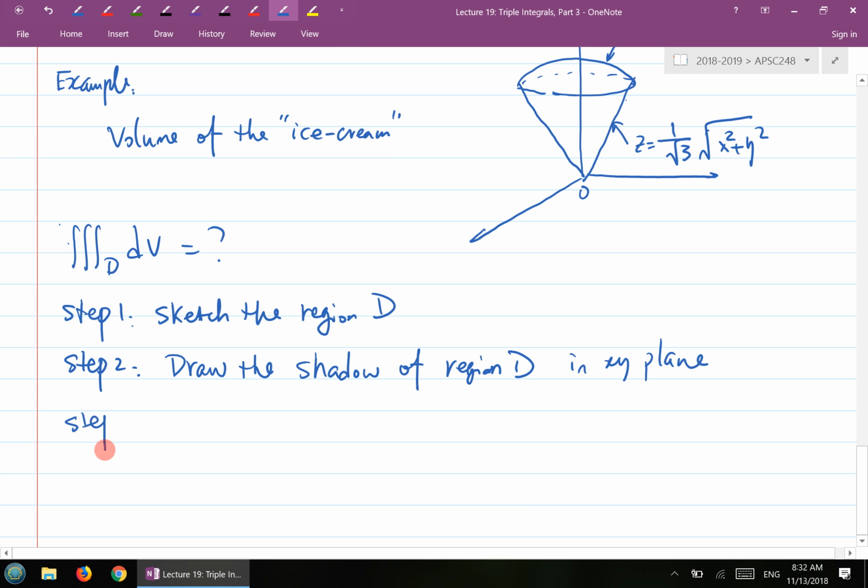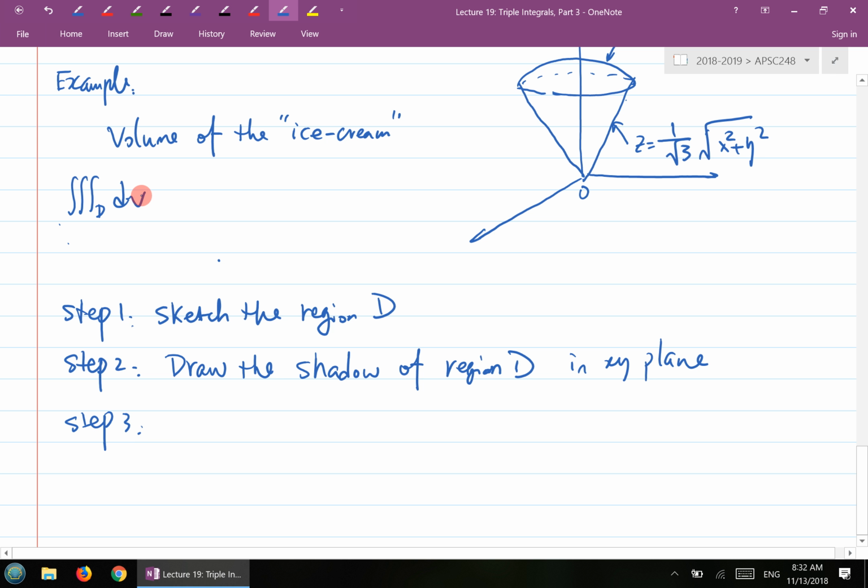And step number 3, actually I should have mentioned this, there should be a selection order for integration as always. Selection order of the integrals here, very much like cylindrical or Cartesian, you can have 6 different combinations.